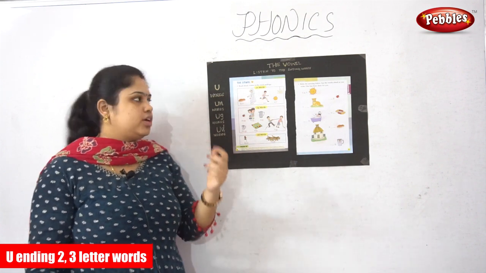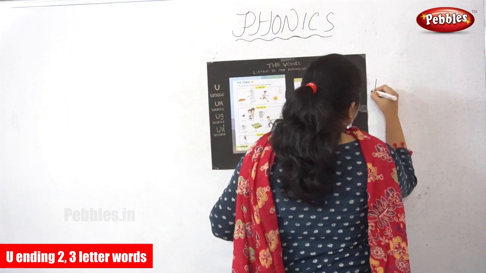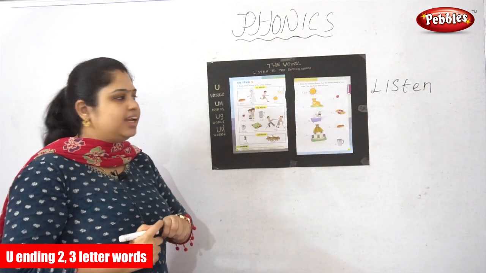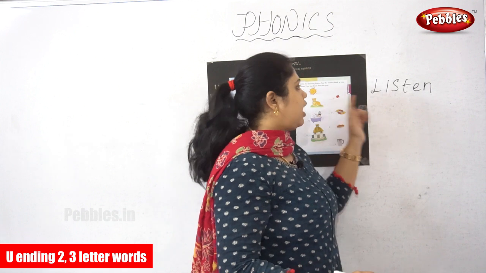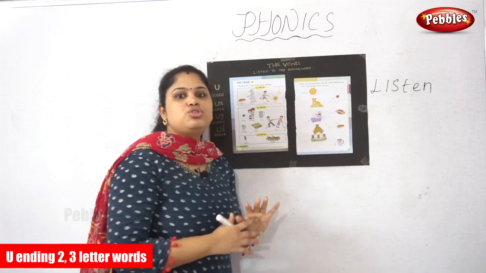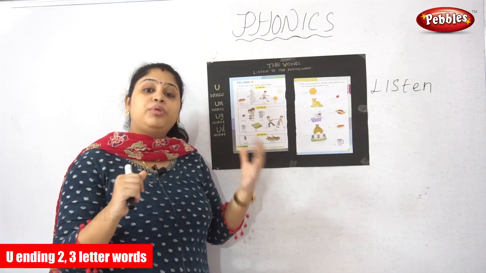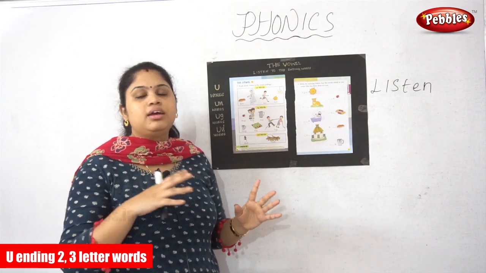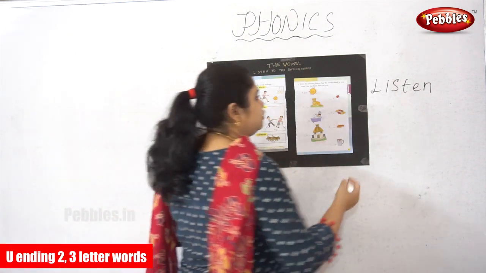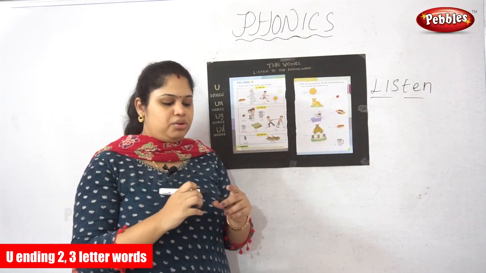Read the word means, for example, I have taken the word listen, L-I-S-T-E-N, listen. How will you read this word? You should not read like this. If you keep on reading like this, you cannot get good pronunciation, and you will not easily memorize the word and its spelling. So you should divide the word. L-I-S-T-E-N, listen. You should read in this way.